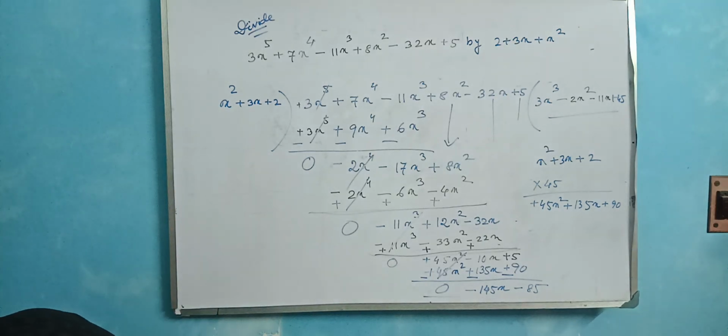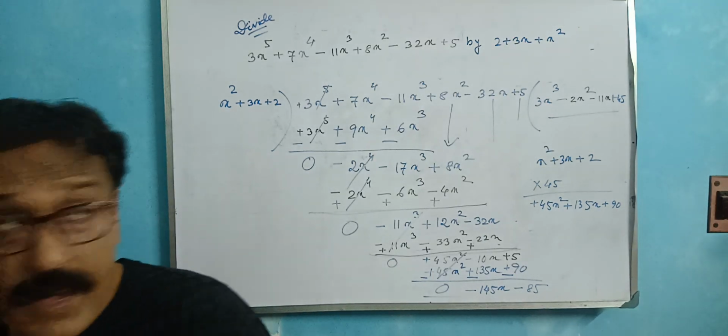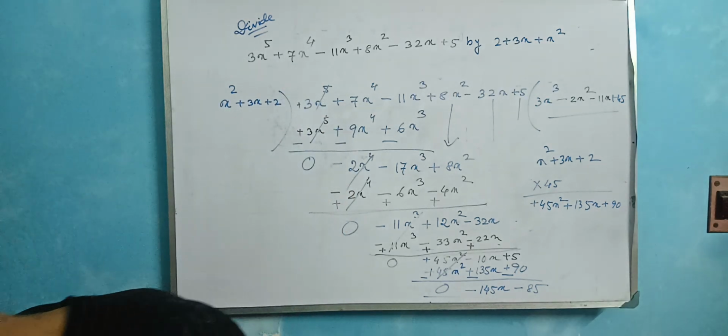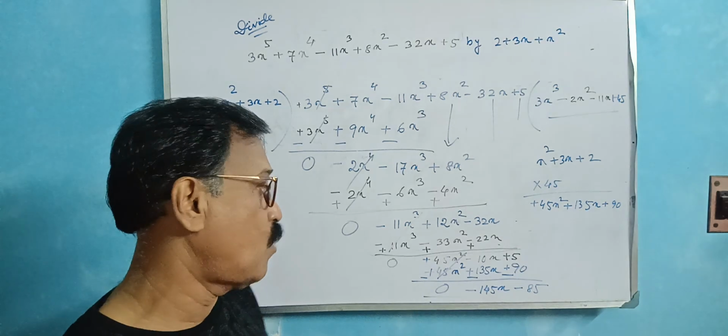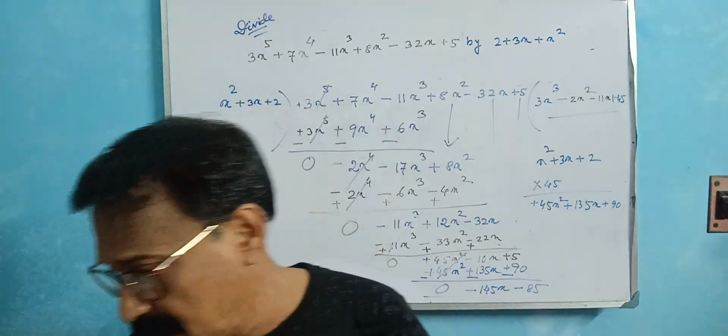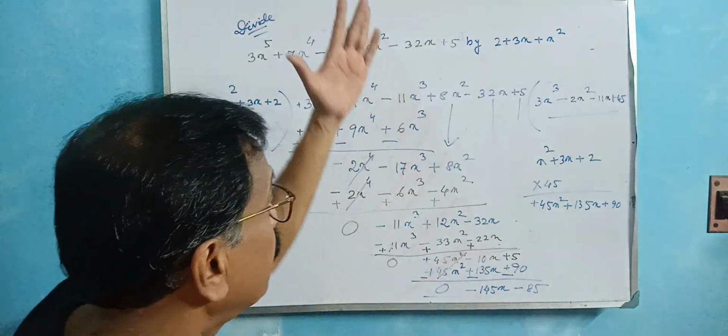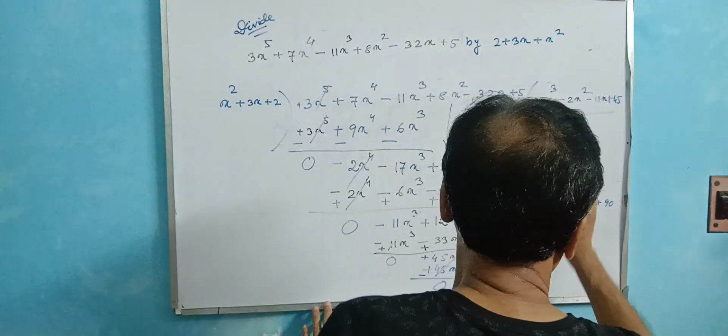Clear? 3x cube minus 2x square minus 11x plus 45 is the quotient, and minus 145x and minus 85 is the remainder. Okay, that is the way to solve it. So what is the answer now?